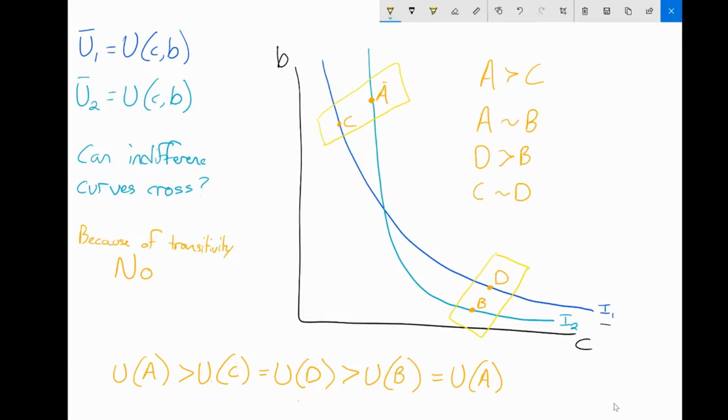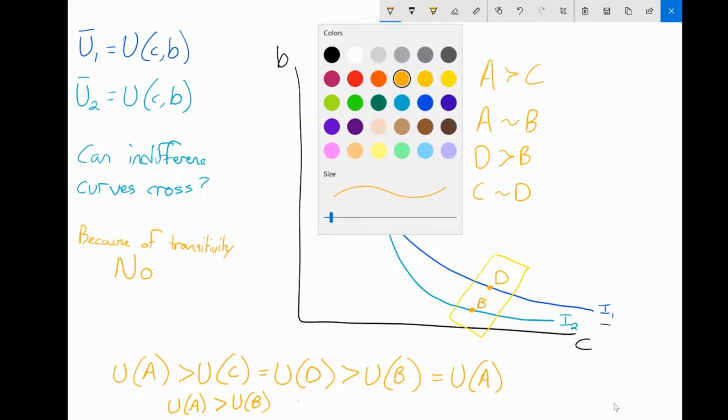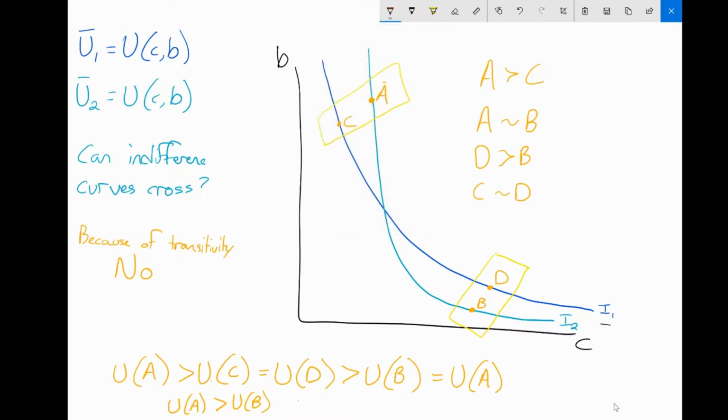It would imply that, if transitivity holds, you get more utility from A than from B, right? So let's just cut out some things.